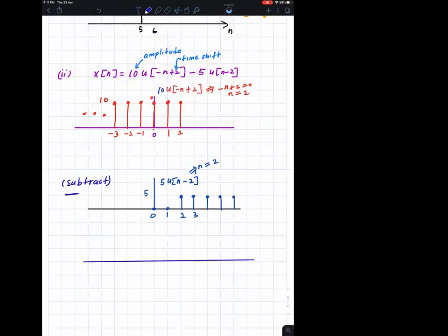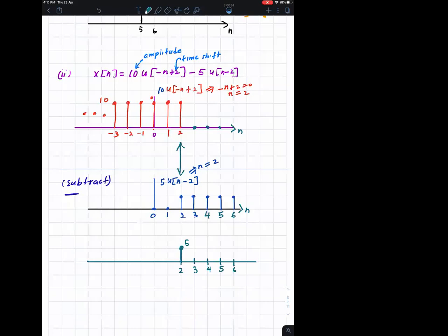If you look at this point here, when n equals 2, 10 minus 5 is 5. Go ahead and draw 5. So this is 5.